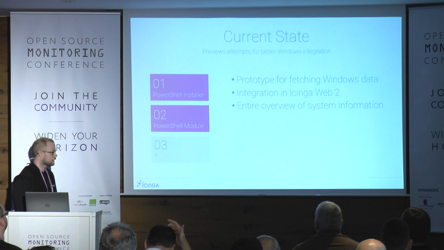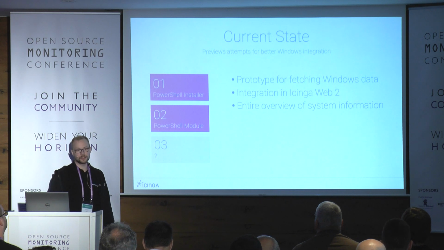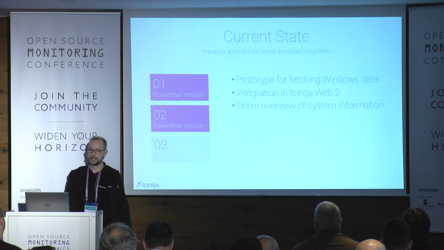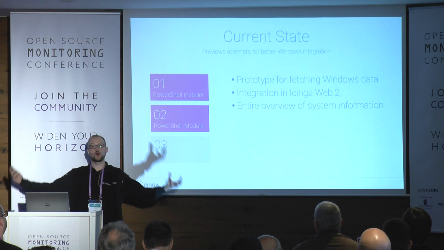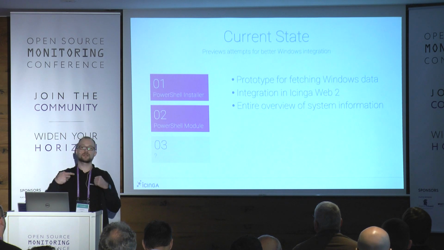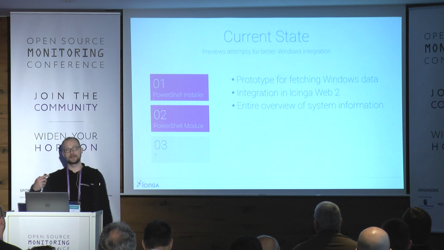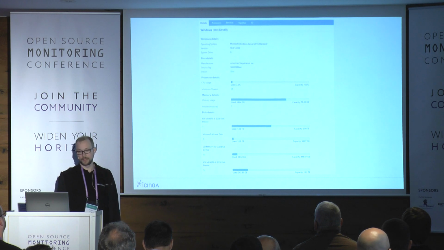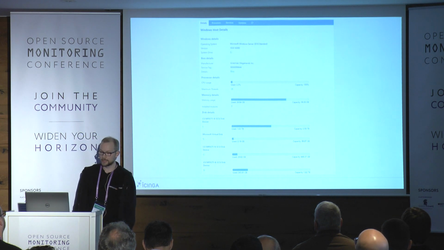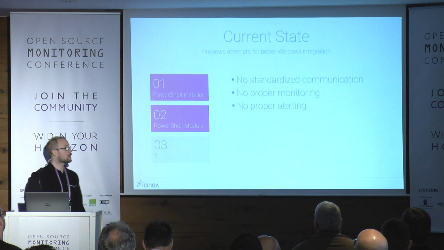So, then last year, I showed a first prototype of a new PowerShell module. What the PowerShell module did was to ensure that you collect all the Windows metrics you actually have on your system and then display them in Icinga Web 2. It was a great idea, but also here we have a problem.